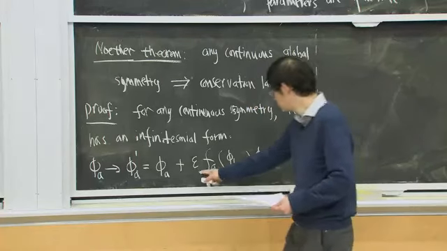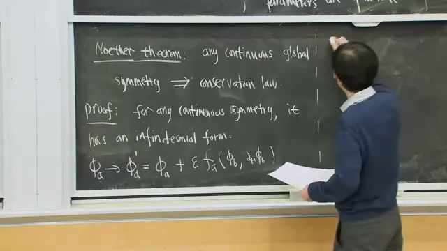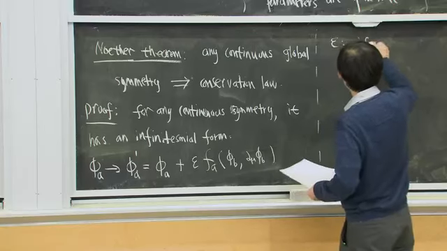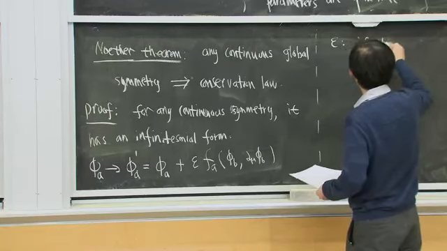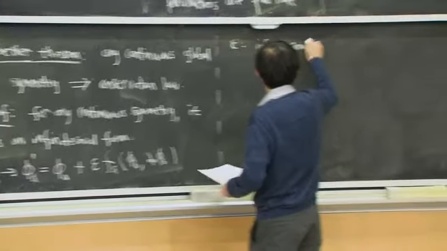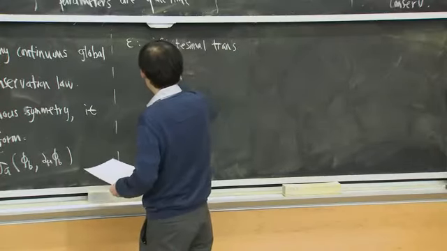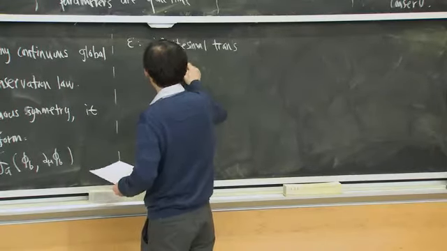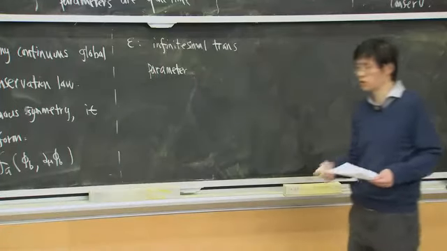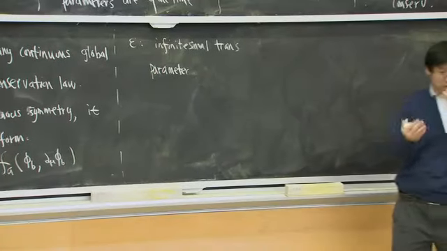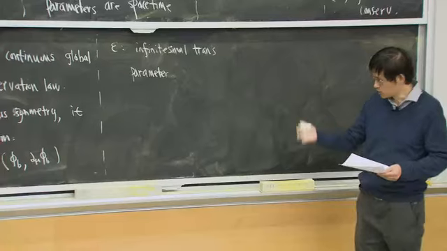So this epsilon is the infinitesimal transformation parameter. If you have a continuous symmetry, there's always an infinitesimal transformation close to the identity.